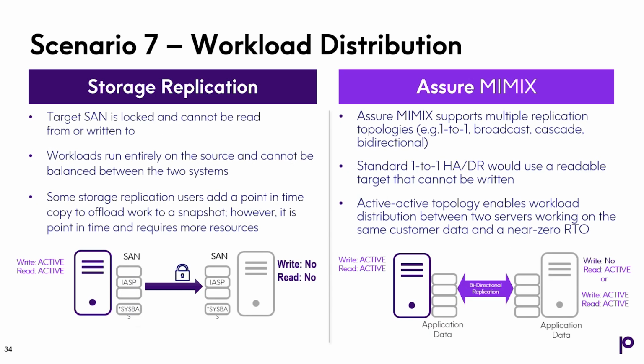Let's talk workload distribution. So remember, we talked about it several times already. You can't touch the target system. It's just not available to you, right? So it's read write over here, nothing over there. You just don't have access to it. Whereas with Mimics, big difference.